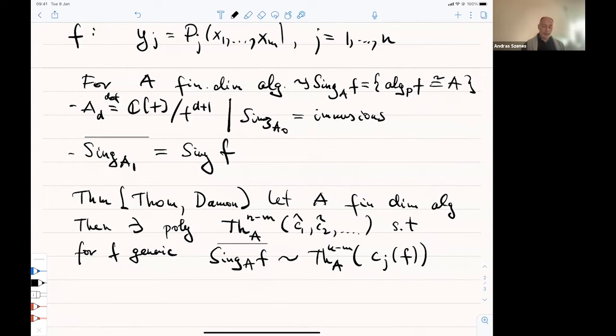So the claim, the theorem, is that such a polynomial exists and it only depends on these data. So that's the key. And for every generic map, it actually defines the locus.